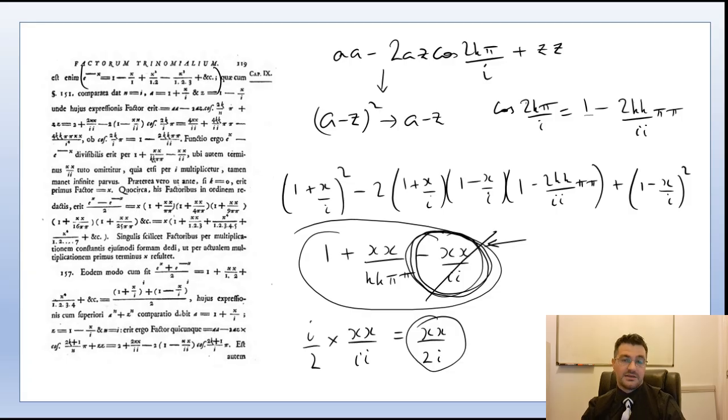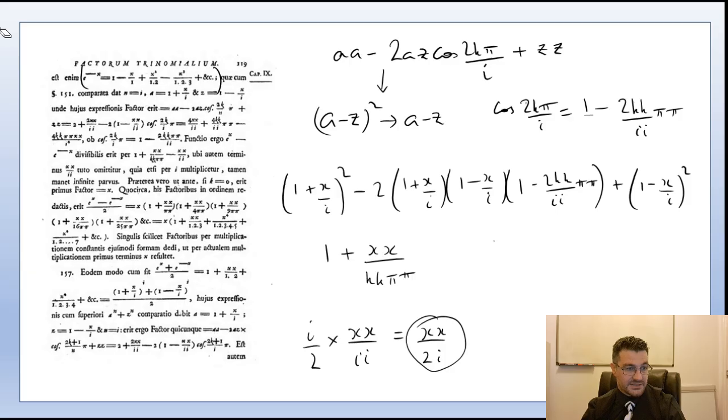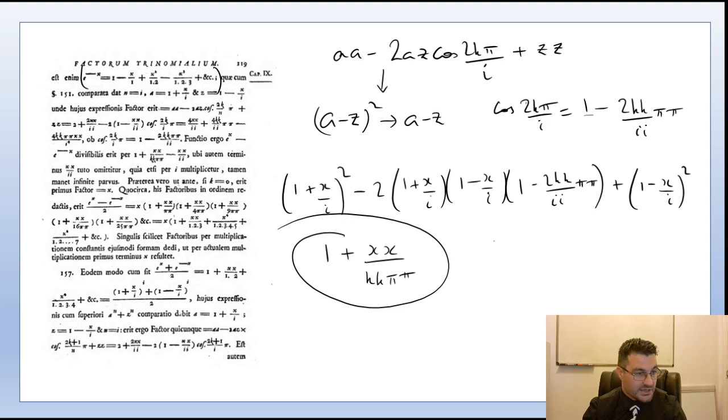And that's what he does. He omits that part of the factor. So what we're left with is just 1 plus xx over kkπ as our factors. That's what he's getting at.